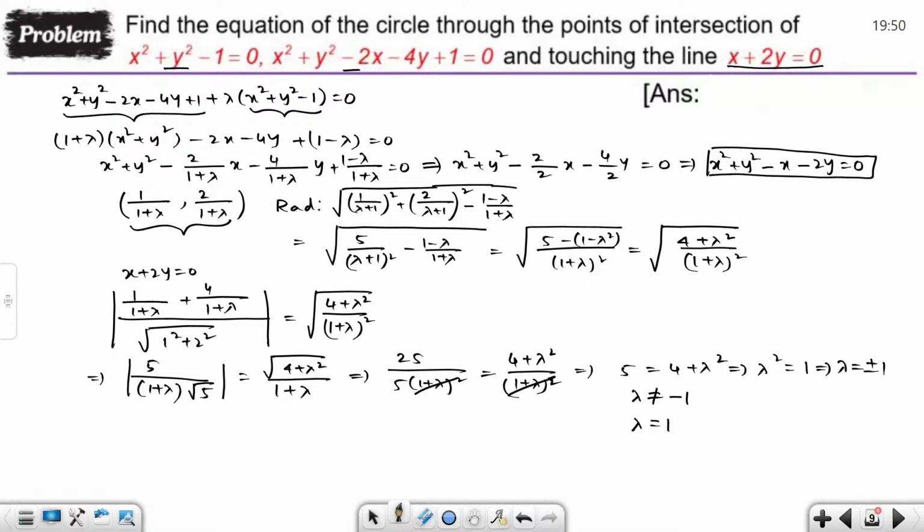And after getting the value of lambda, simply put it in that family of circles, and there you get that particular circle. Is it clear? That's exactly what we have done. So let me reveal the answer now. So x square plus y square minus x minus 2y equals 0 is the required equation of the circle. Okay, let's move to the next problem.